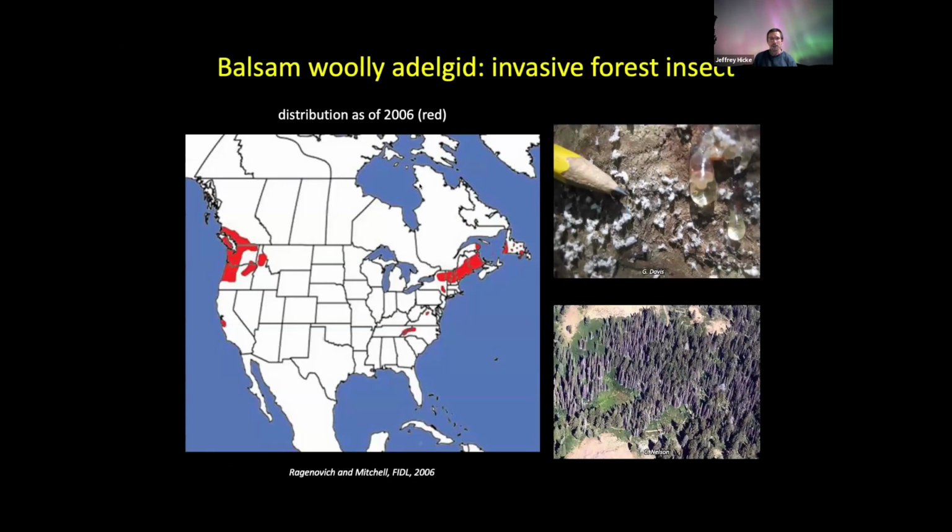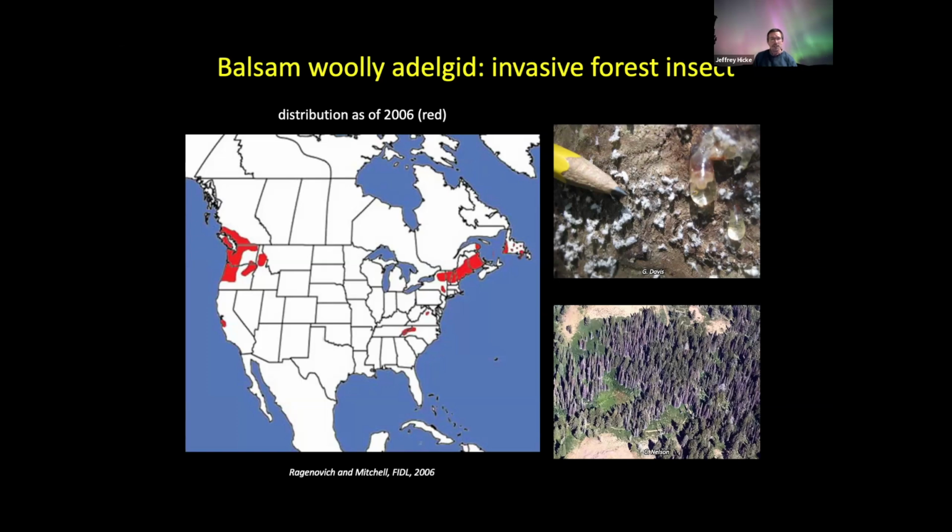Turning now to the last case study, this is balsam woolly adelgid, which is an invasive forest insect. In the western US, you can see the reds indicate some distribution as of 2006. In the west, the first recordings were in the 1920s. This insect attacks and can kill true firs, grand fir and white fir at lower elevations, subalpine fir at higher elevations.